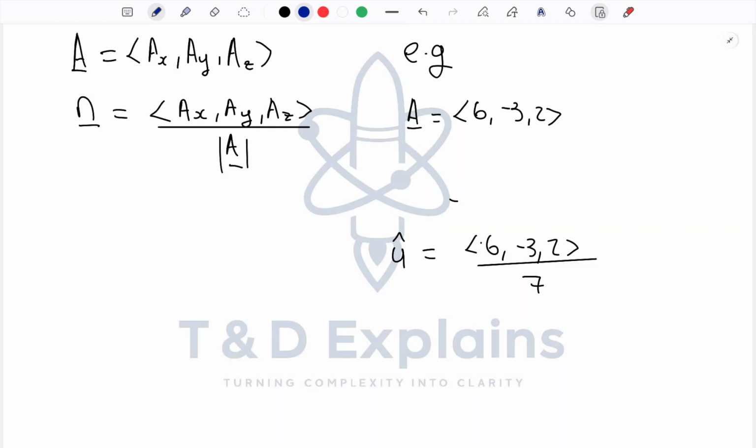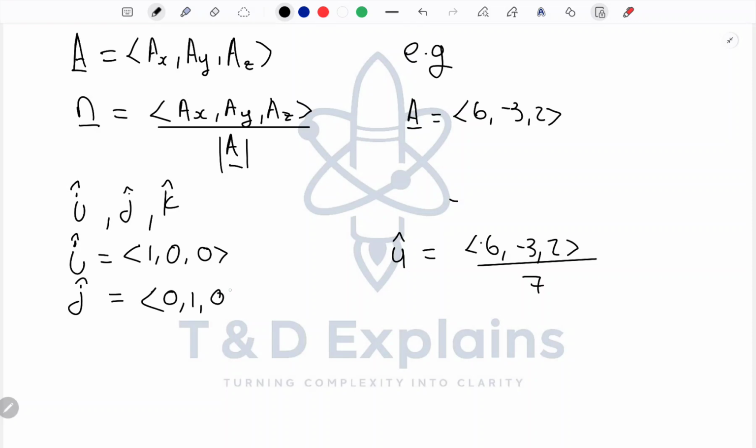It's not just all about i, j, k, because I told you that i, j and k are all unit vectors, where i is a vector with magnitude 1 in the x-axis direction. So i is going to be equal to 1, 0, 0, and j is going to be what? 0, 1, 0.